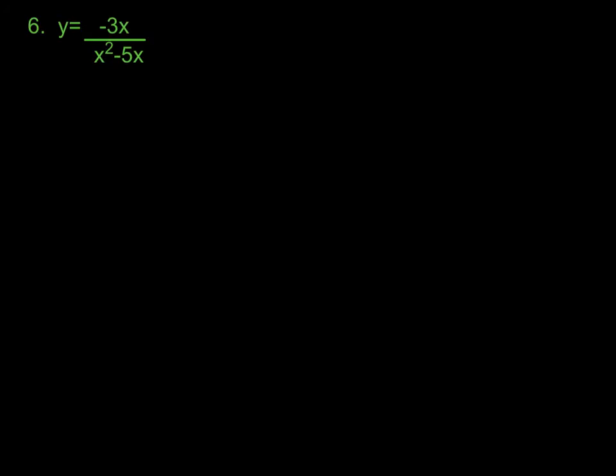So we're going to go to number 6 in your packet. We're going to do the same thing. Again, keep in mind that this thing technically is f of x. It's the same thing as saying y. So I'm going to start again with f of negative x. Remember, everywhere I see an x, I'm going to replace that value with a negative x.